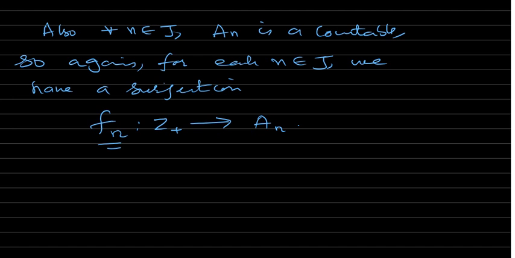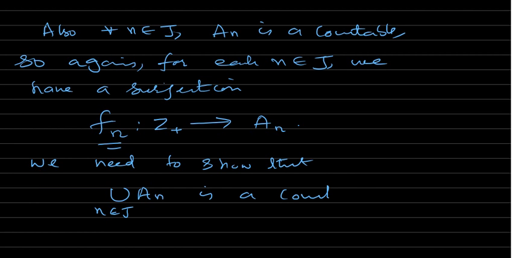So we need to show that. हमें प्रूव क्या करना है? ये सब कुछ हमारा अभी तक गिवन है, g surjection है, f_n this is given. अब प्रूव क्या हमें करना है? We need to show that union A_n where n belongs to J is a countable set. ये आपको प्रूव करना है.